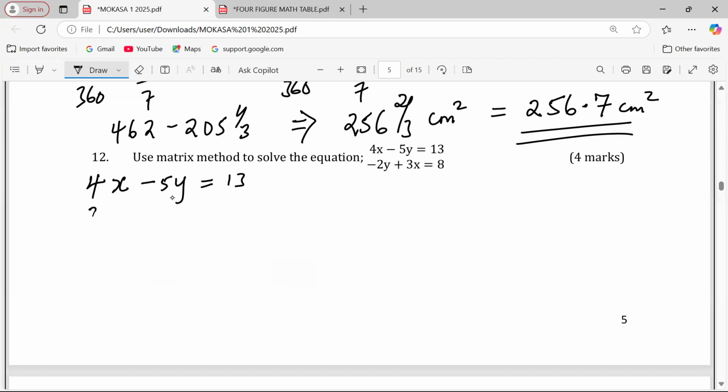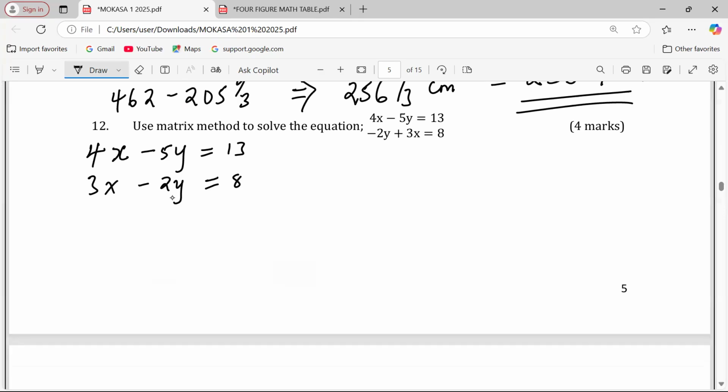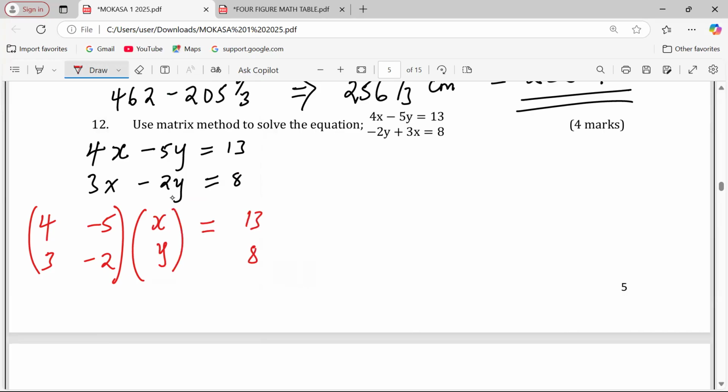Now with the equations arranged such that terms correspond, we can extract what we call the coefficients matrix, whereby we just lift the coefficients as 4, negative 5, 3, negative 2. Then we have a variables matrix. Then we have the constants matrix there.